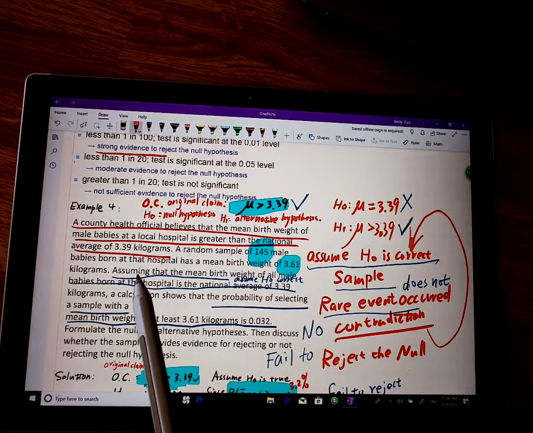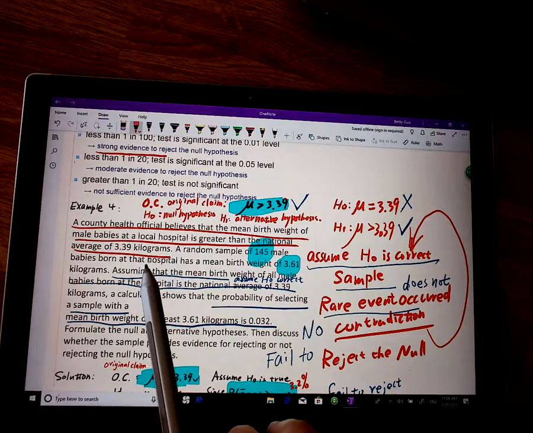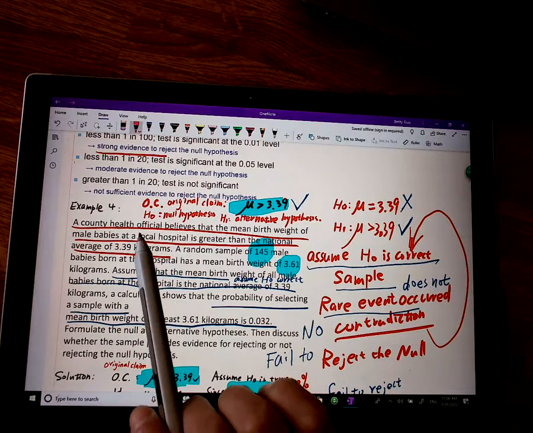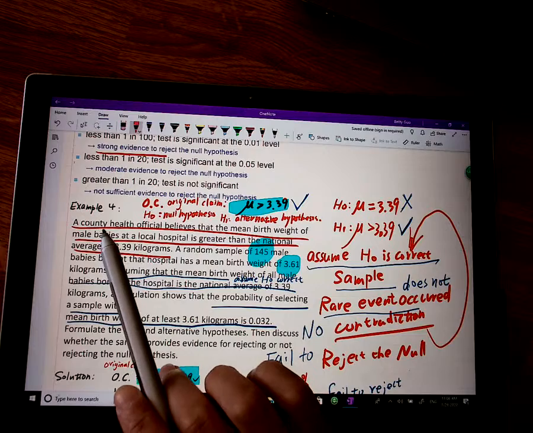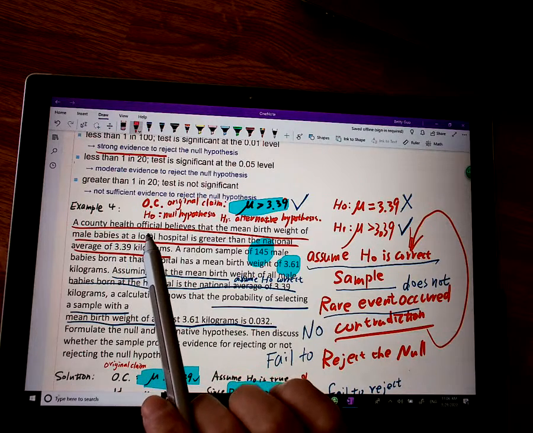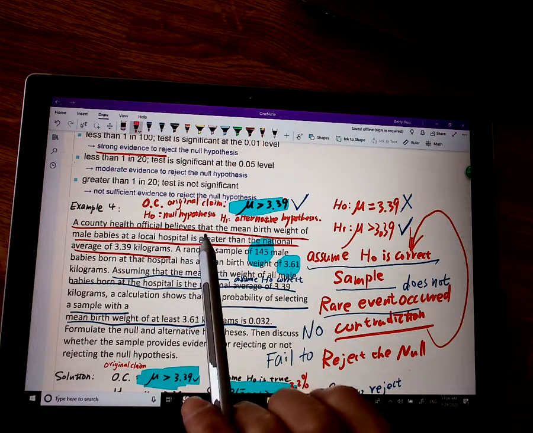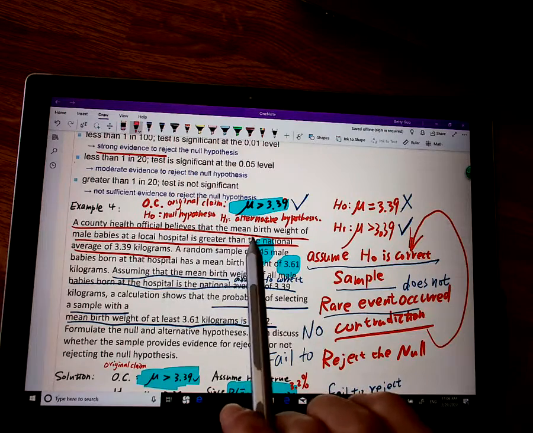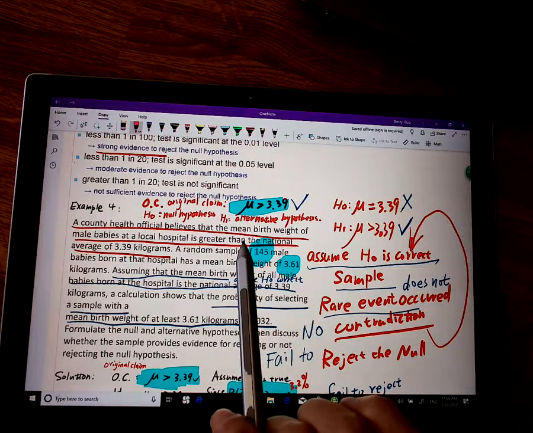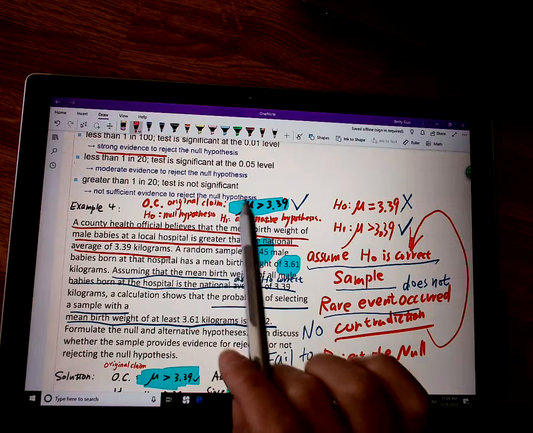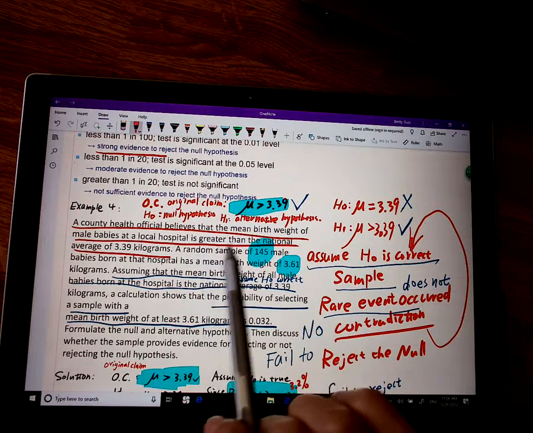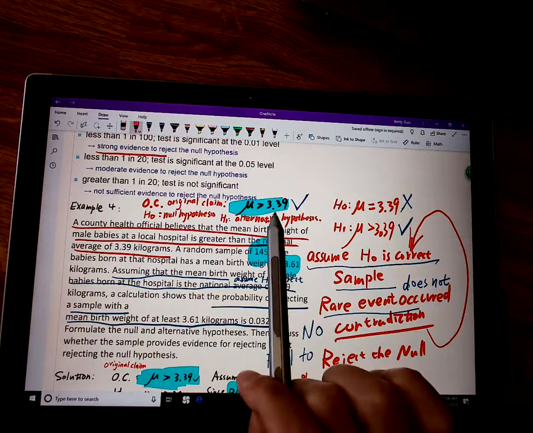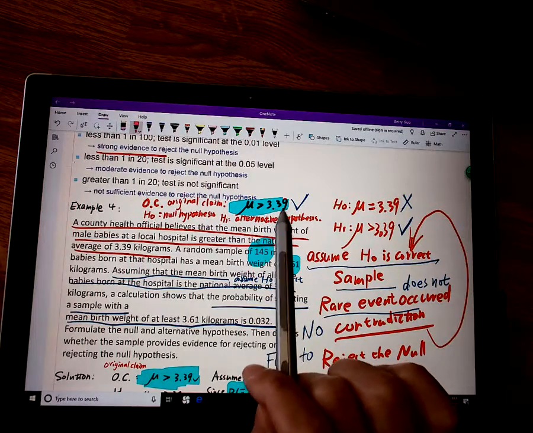Do you see a claim here? Who claims that? A county health official claims that the population mean weight of the baby boys is greater than the national average 3.39.